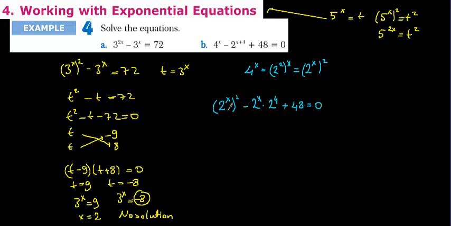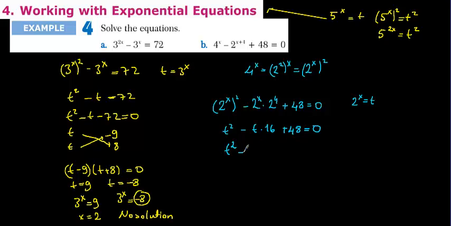If we say 2 to the power of x is equal to t, then this is going to be t squared minus t times 16 plus 48 is equal to 0.